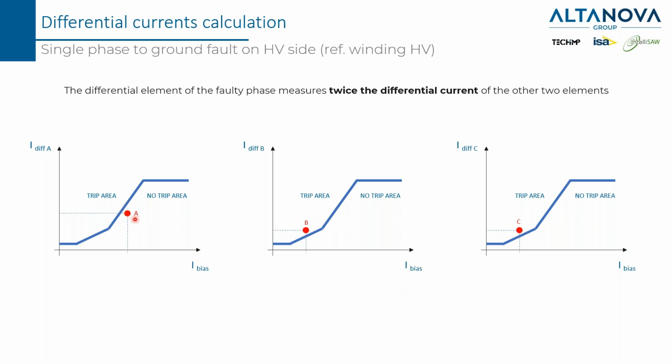So I generate the currents in order to see this value in element A. I expect that the relay is not tripping, but what actually happens is that the relay is tripping because of the other two elements that are in the trip area. This creates unexpected trips or unexpected interventions. So I want that every time I simulate values for the no trip area, the relay should not trip. Otherwise, it will be confusing.